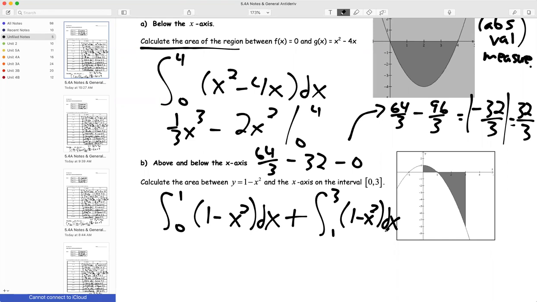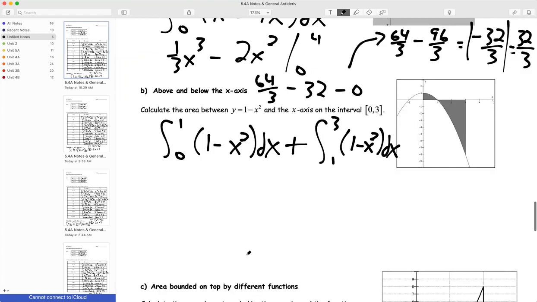So I'm going to find the value of this integral and then add that to the value of this integral, but I need to take the absolute value of the second part here because all of that area is below the x-axis. Make sense?